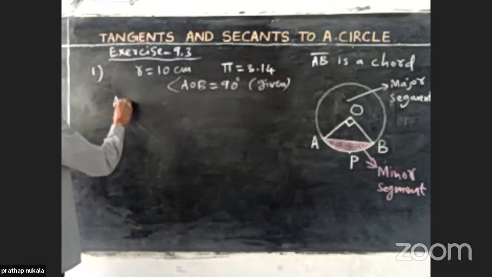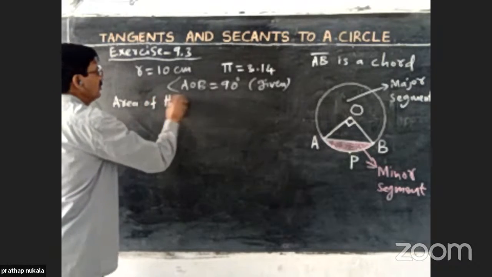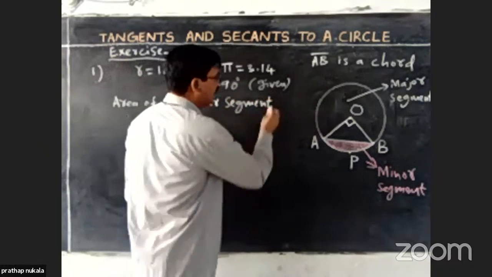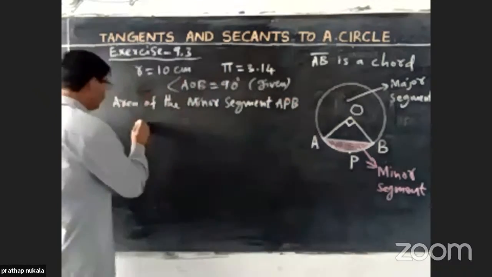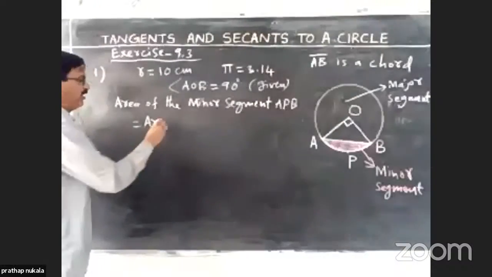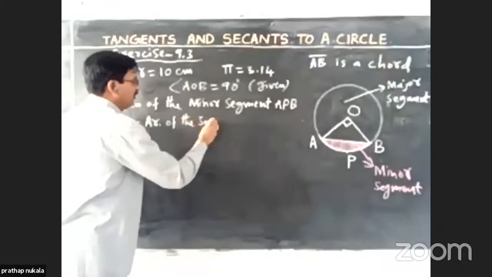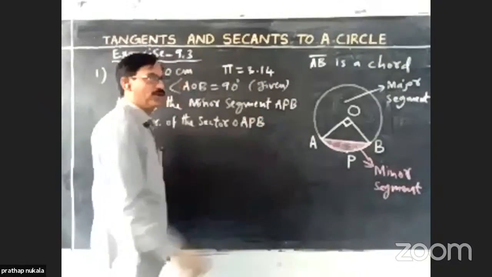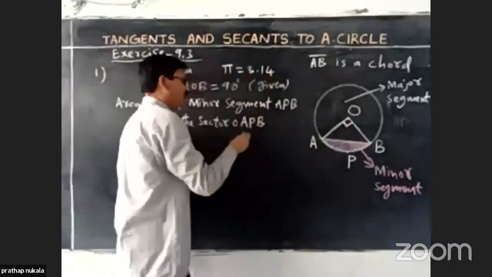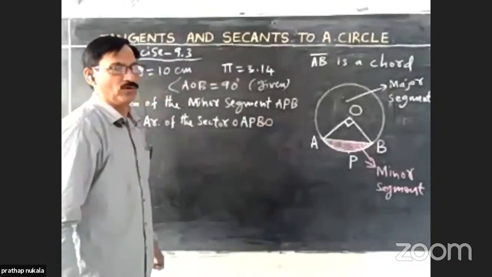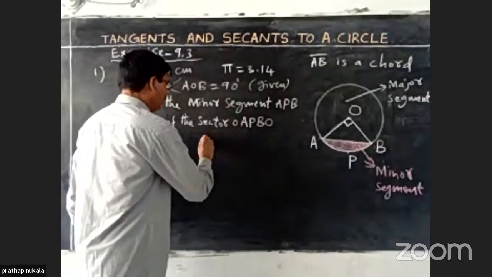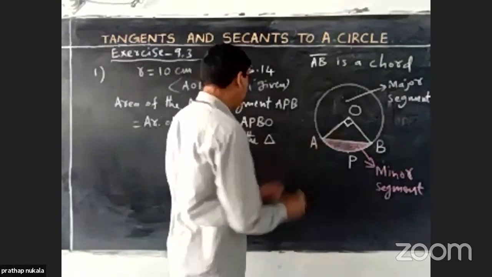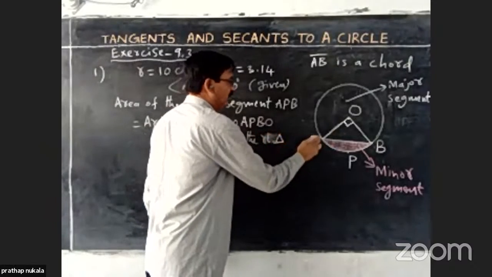Now I am writing the formula. Area of the minor segment APB equals area of the sector OAPBO minus area of the right triangle AOB.